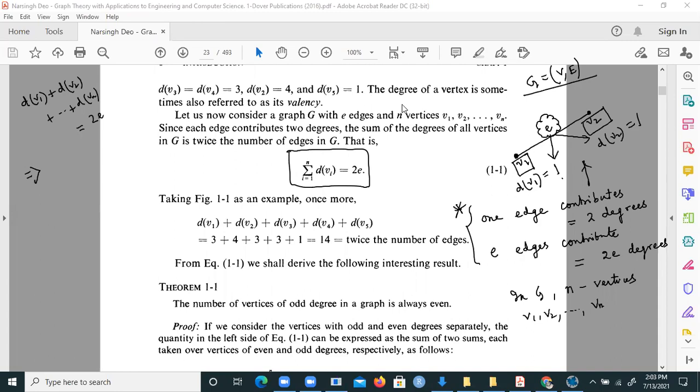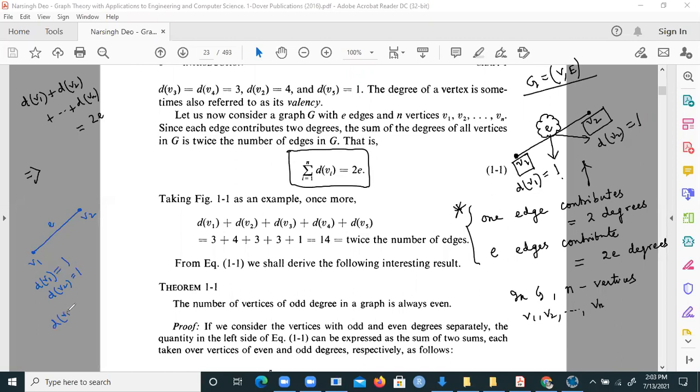Now let us discuss our previous example. Consider V1 and V2, which are connected by the edge E1. You can see that the degree of V1 is equal to 1 and the degree of V2 is equal to 1.